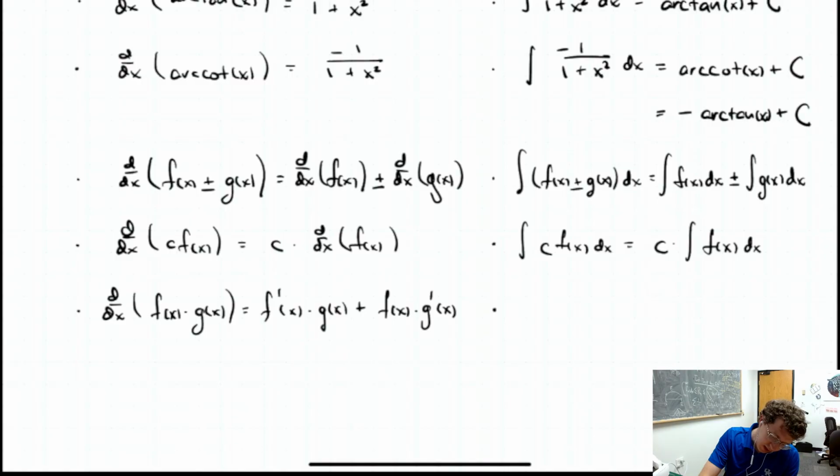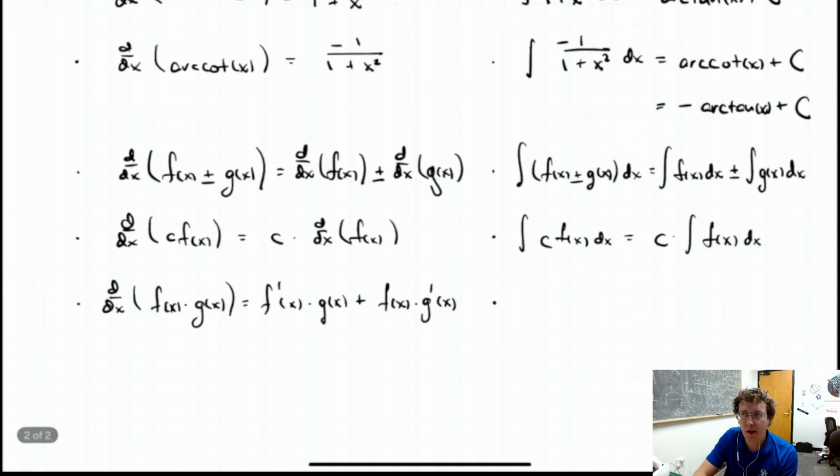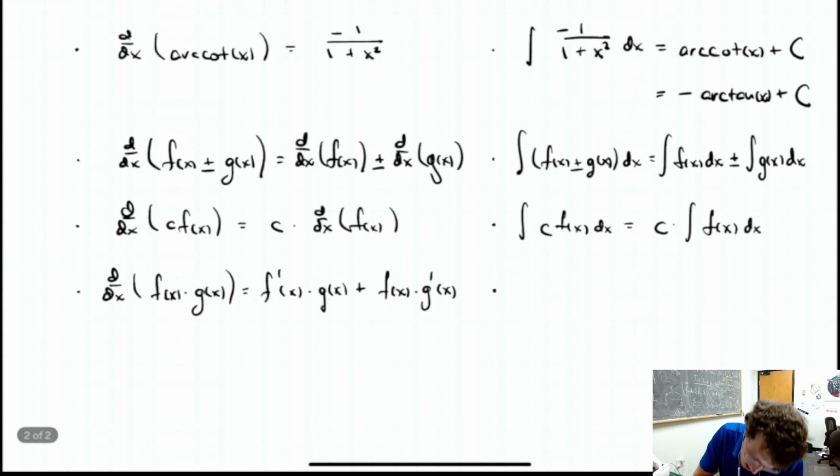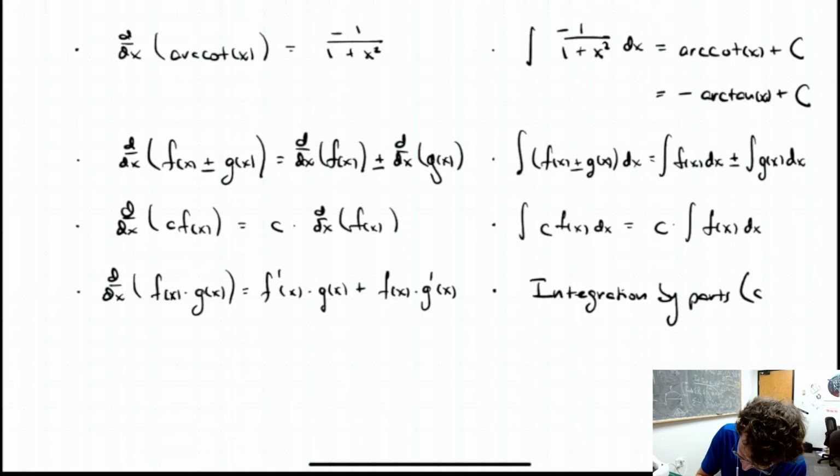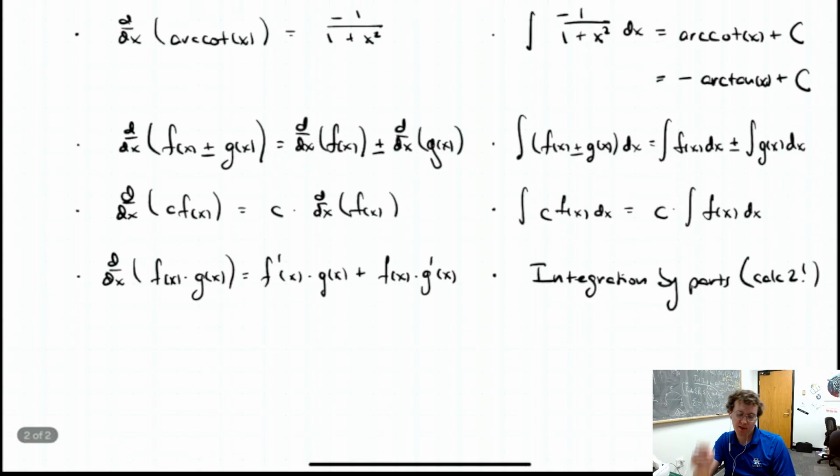Now, just as the derivative of a product is not the product of the derivatives, an integral of a product is not equal to a product of integrals. If you want to integrate a product, it's a little complicated, and this is a Calc 2 topic. But there's a technique called integration by parts, which is used to integrate a product.